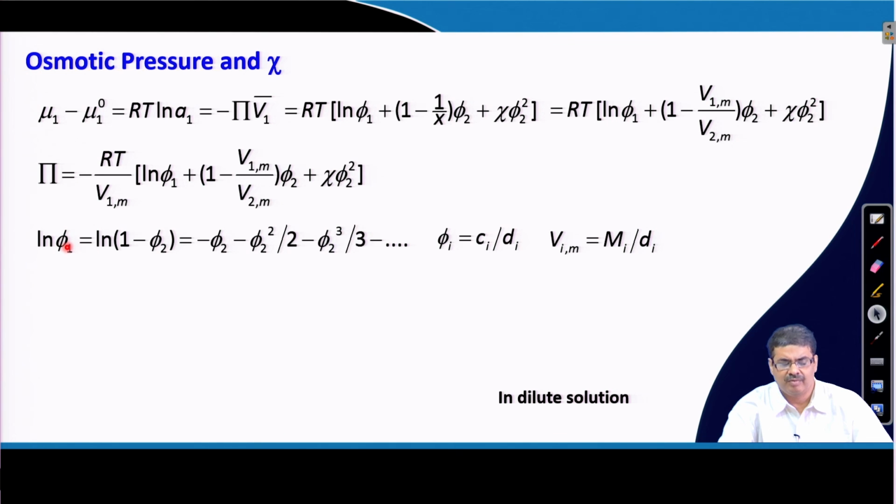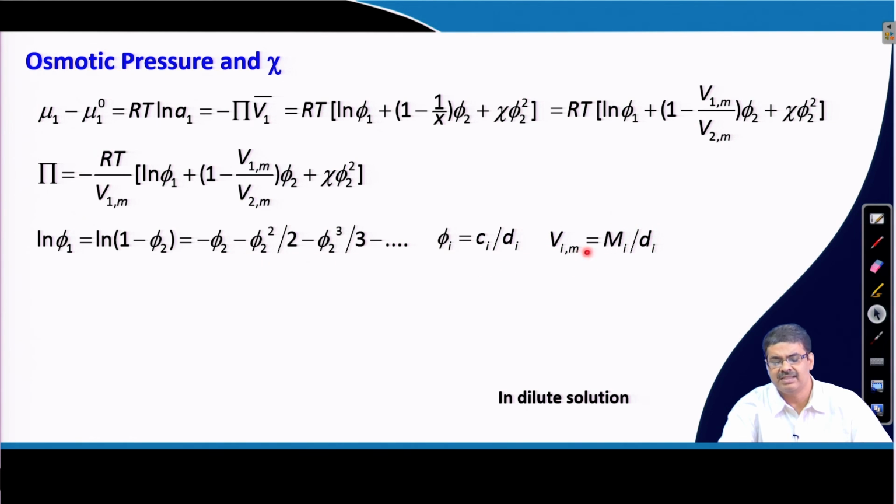With the knowledge that we can express the volume fraction of solvent in terms of the volume fraction of polymer, using this approximation, and also we can express the volume fraction of either solvent or polymer as the concentration of that solvent or polymer divided by the density, and molar volume as molecular weight divided by density.